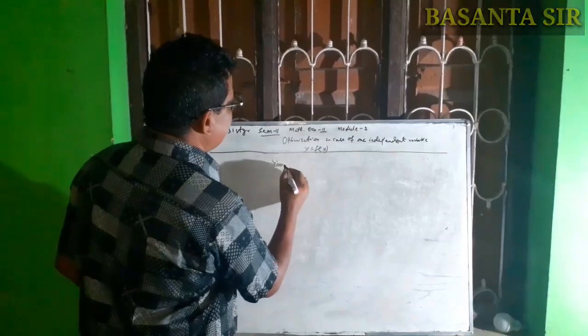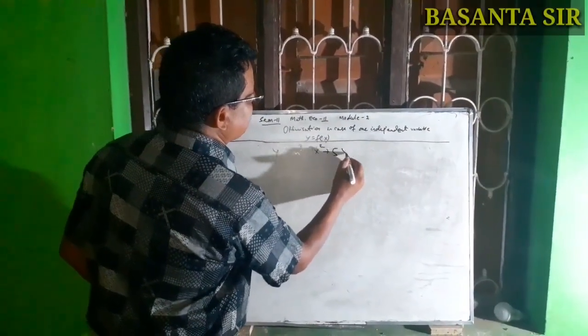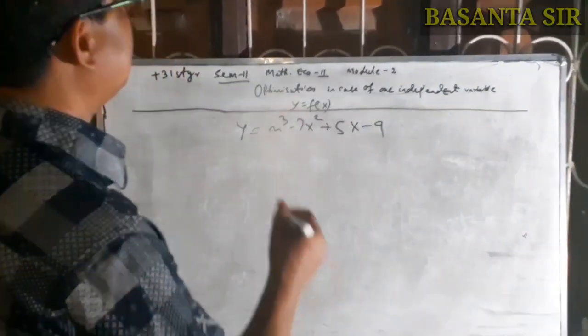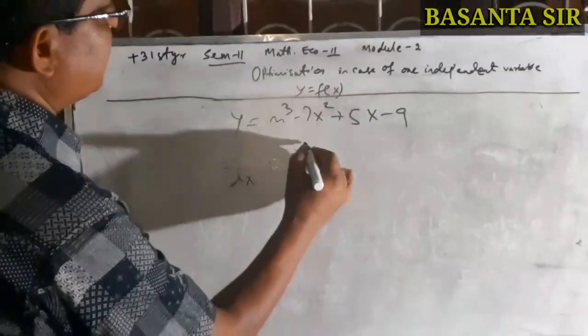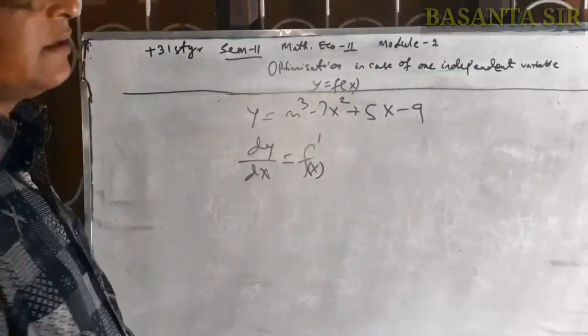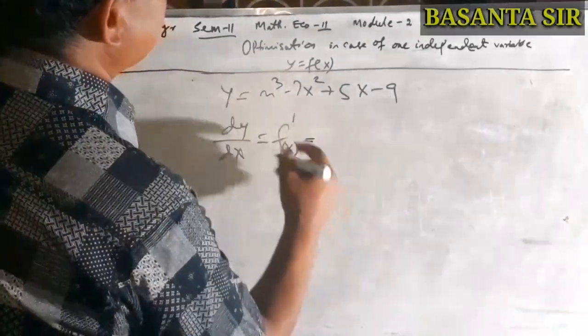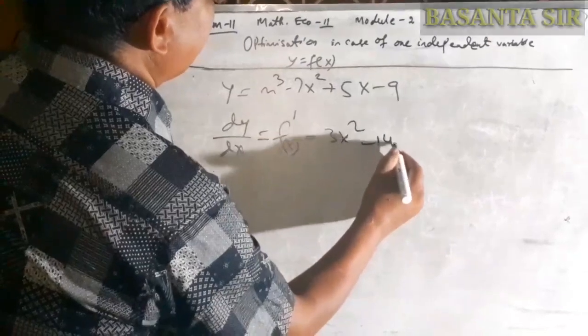For example, y equal to x cube minus 7x square plus 5x minus 9. We can find dy by dx, the first order derivative. We can symbolize it as f dash x. Here the power rule is applied: 3x square minus 14x plus 5.